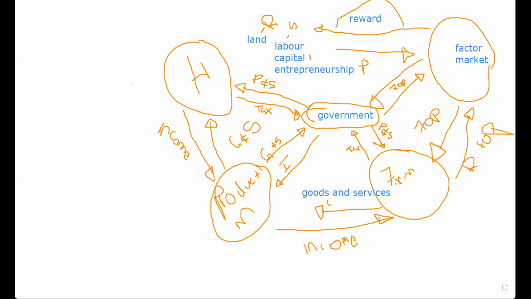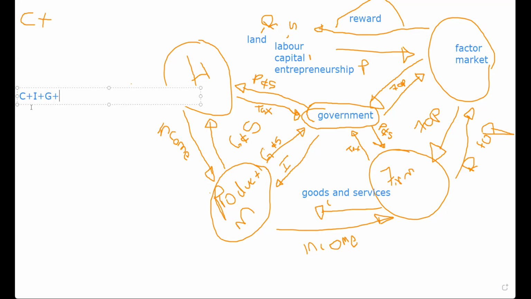So this is a formula. It's C plus I plus G plus, what am I forgetting?